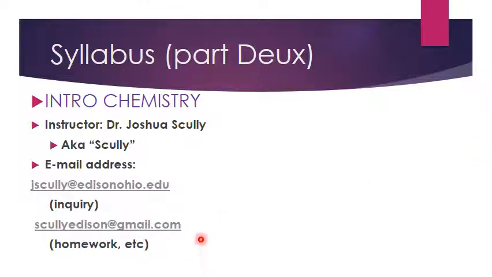So I've decided to have students send their work, like homework and tests and other things that I can grade and look over, to scullyedison@gmail.com. If you have inquiries, questions, concerns, or just want to talk and let me know what's going on, email me at that Edison account, jscully@edisonohio.edu.